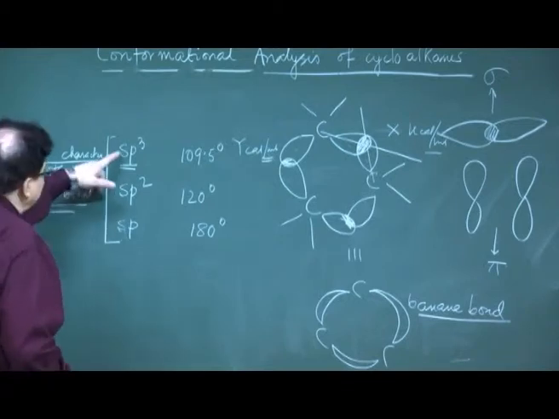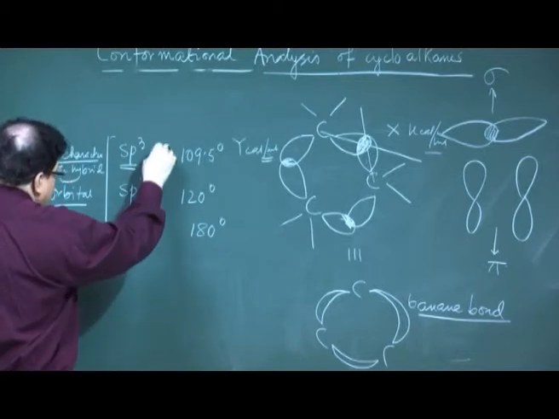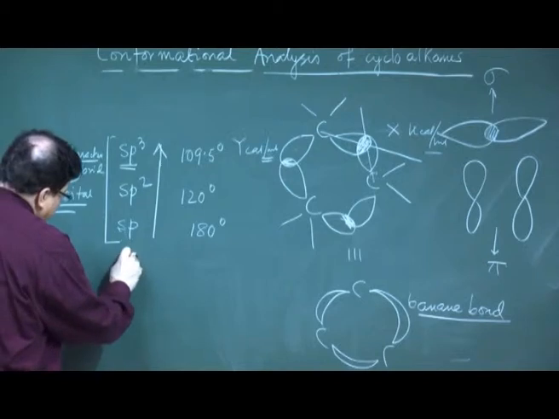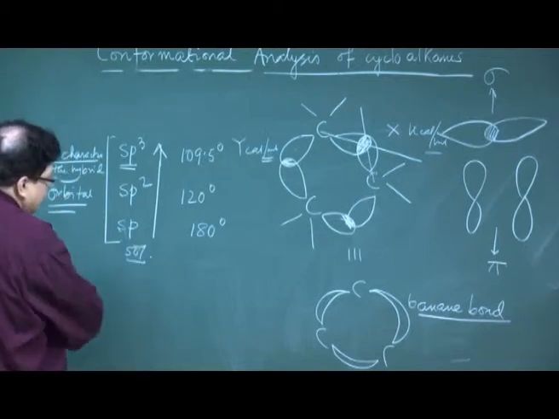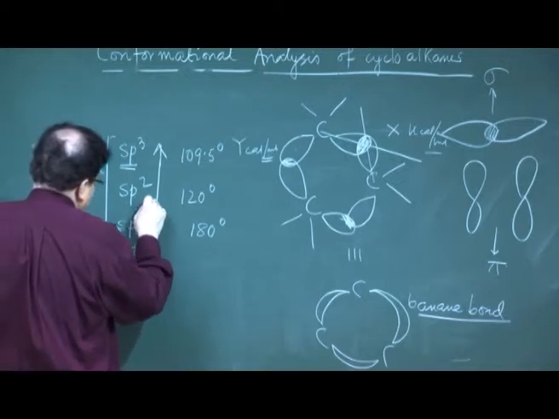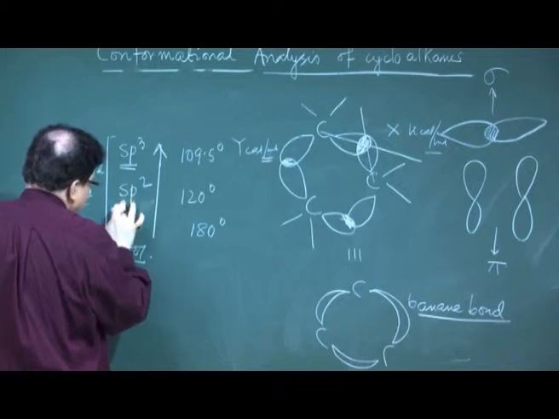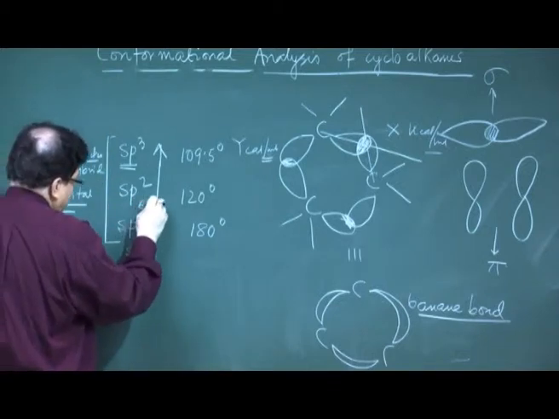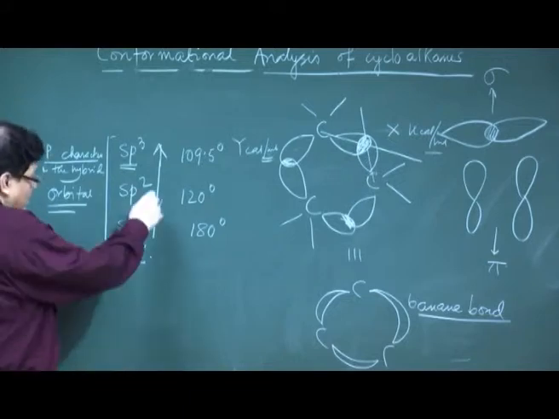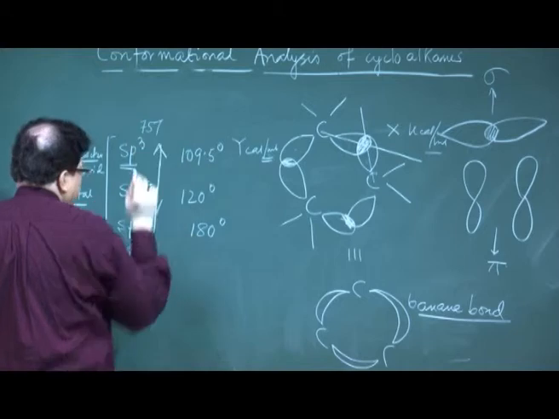So, if the percentage of p character goes down, the p character is increasing on this side. So, this is 50% p character, 50% s character. Here it is one-third s, that means this is sp2, so s has 33.33%, and this is about 67% p character, and this is 75% p character.